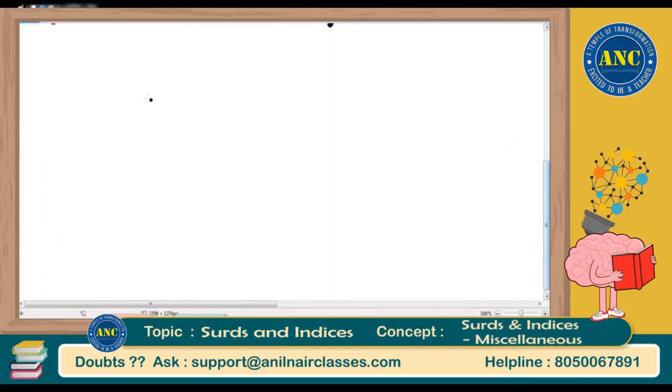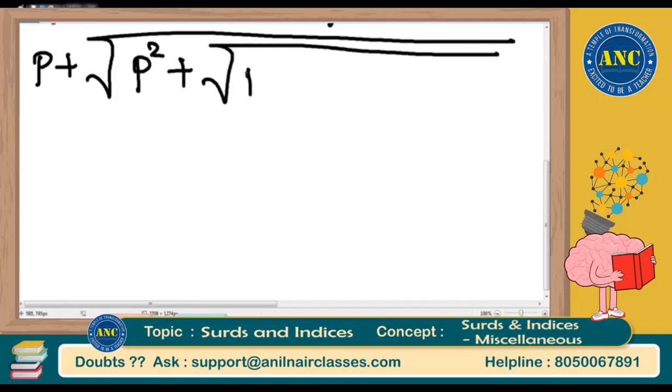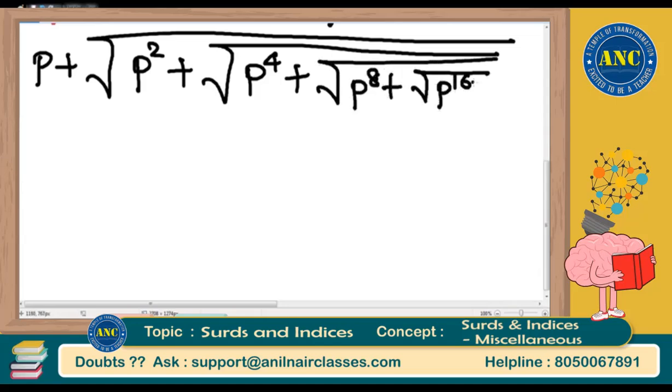Suppose your question is like this: p plus square root of p square plus square root of p power 4 plus square root of p power 8 plus square root of p power 16 plus, like that, infinite terms.